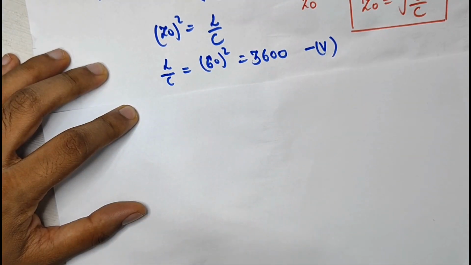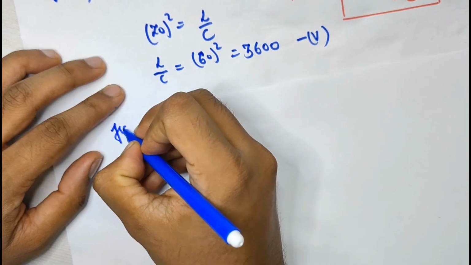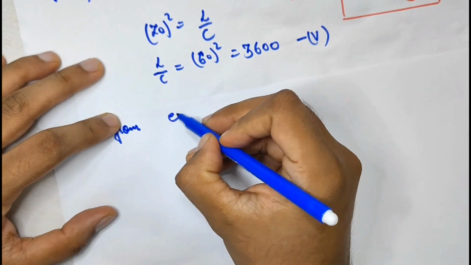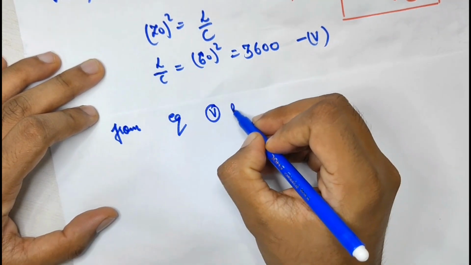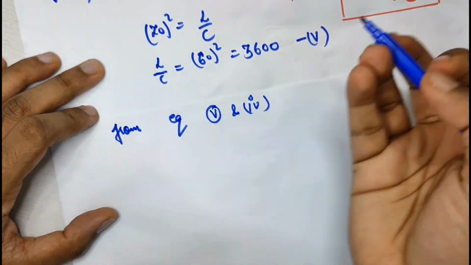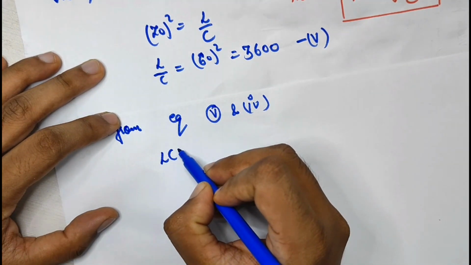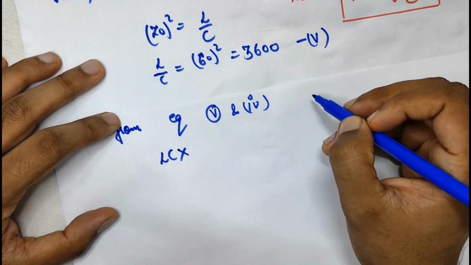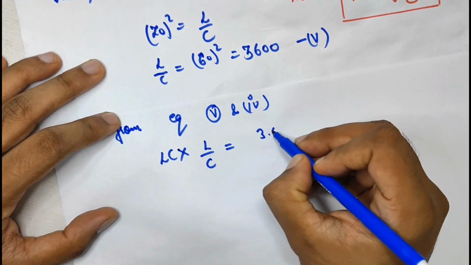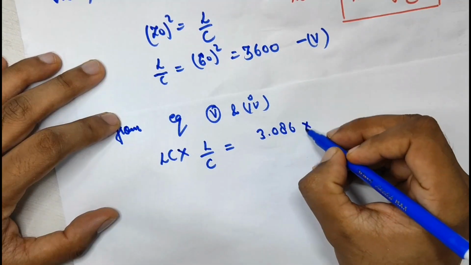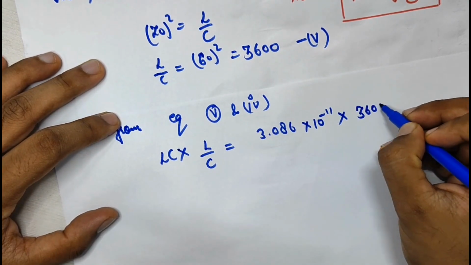What I'm trying to do here is, from the fifth and fourth equations, if you simply multiply both, then LC into L by C, that is L square, is equal to 0.086 into 10 to the power minus 11 into 3600.